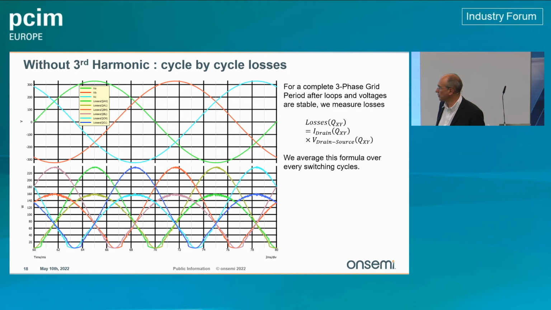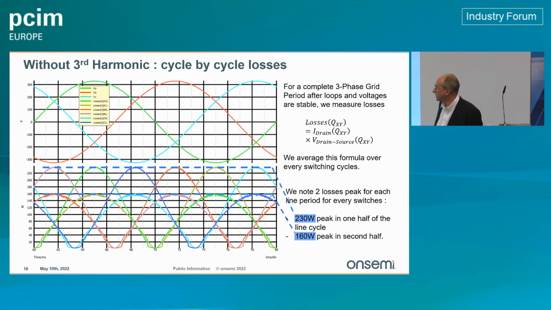And when you see the different legend, you see how the losses are split between the 6 switches, depending on the line angle. What I can note is that the maximum losses here is around 230 watts, while here we are around 160 watts.